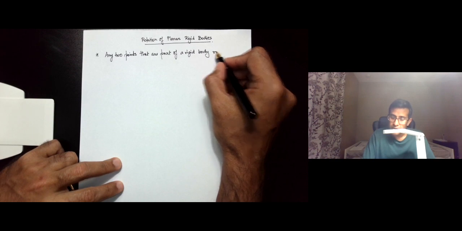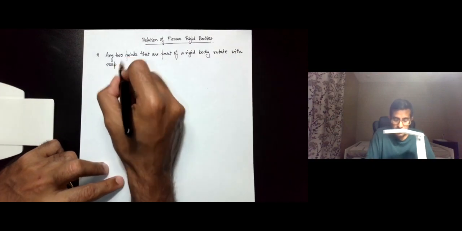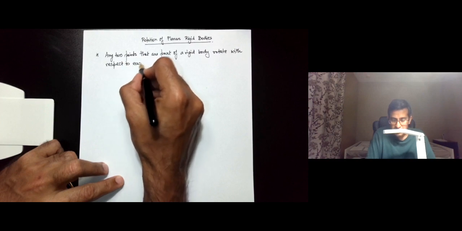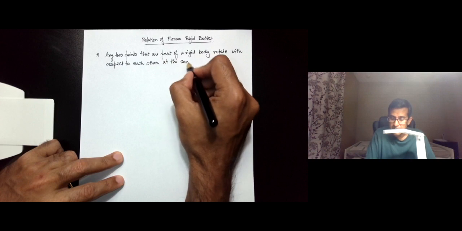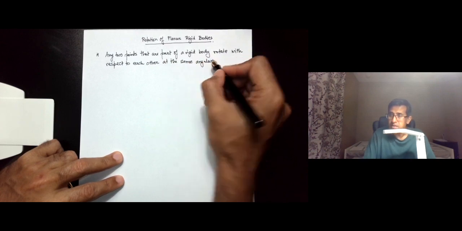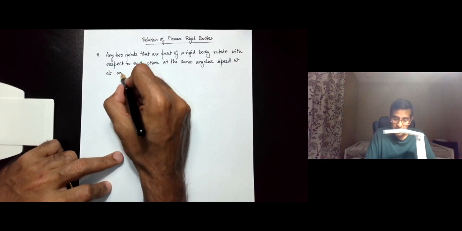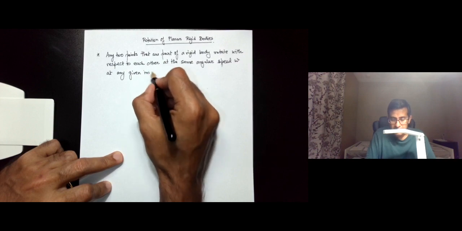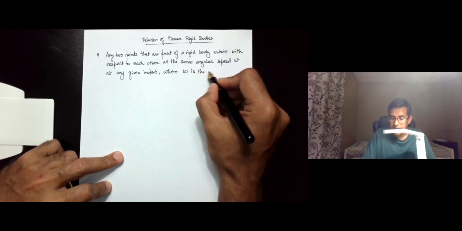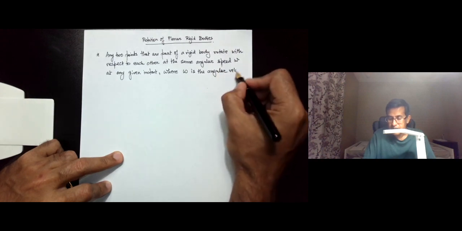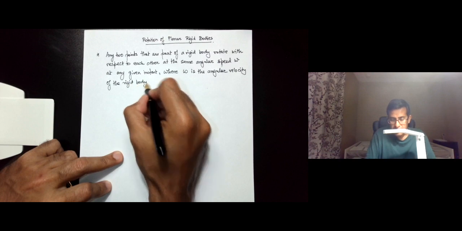they rotate with respect to each other at the same angular speed omega at any given instant, where omega is the angular velocity of the rigid body itself.